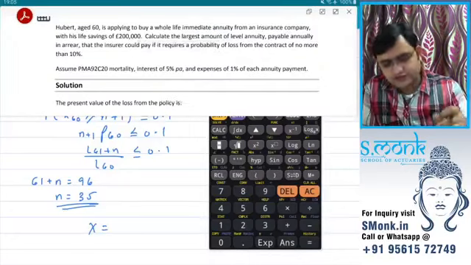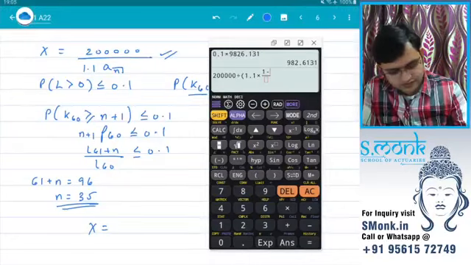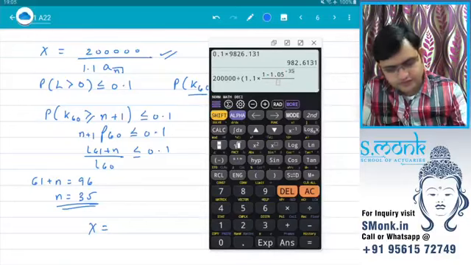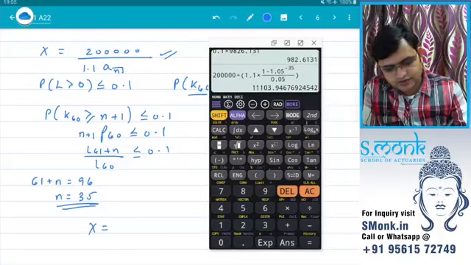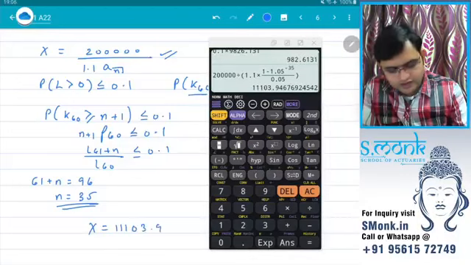The rate of interest was 5%. So 1.05 to the power minus 35, divided by 0.05, bracket close. We get 11103.95.